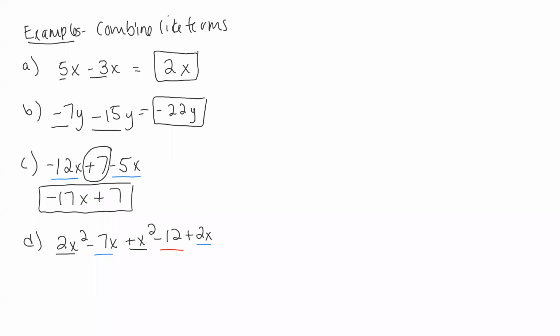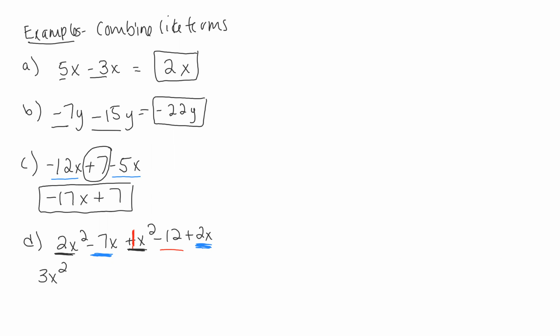So let's look at the pile of x squareds. So I've got 2x squared plus x squared. So the coefficient on this x squared right here would be like a 1. So basically I have 2 plus 1 is 3. So I have 3x squared. Now let's look at the x's. So I have negative 7x plus 2x.